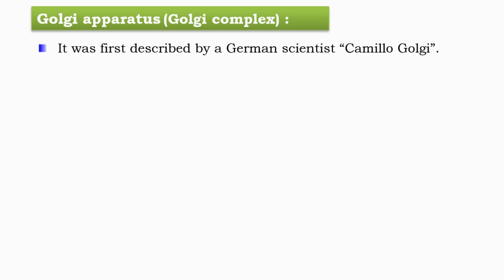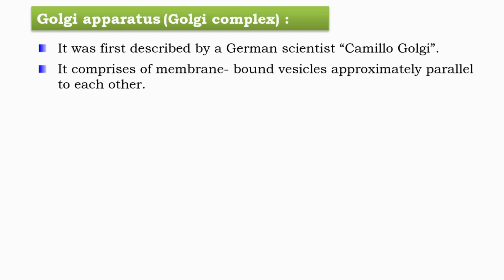Module 8. Golgi apparatus or Golgi complex. It was first described by a German scientist, Camillo Golgi. It comprises membrane-bound vesicles approximately parallel to each other.